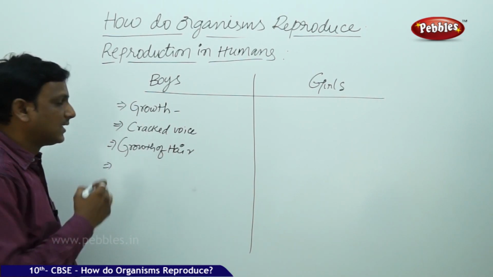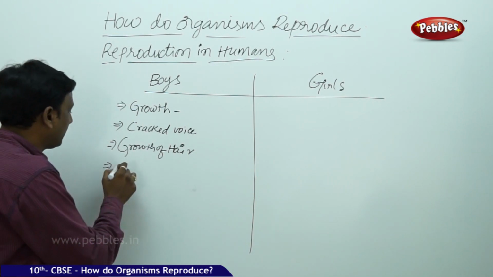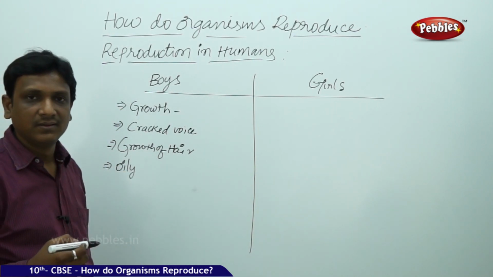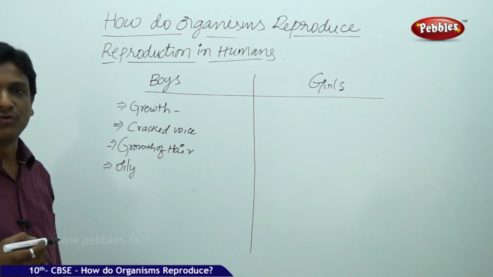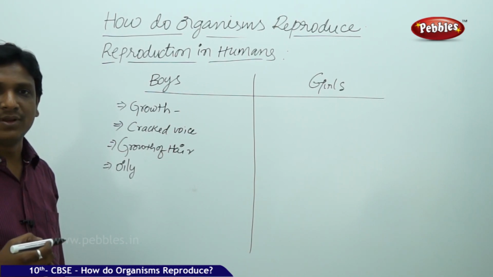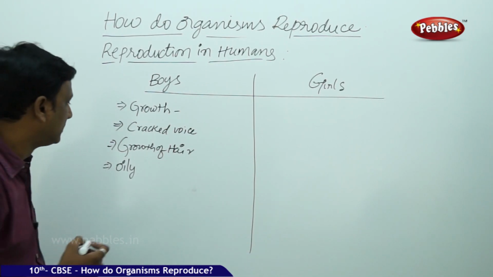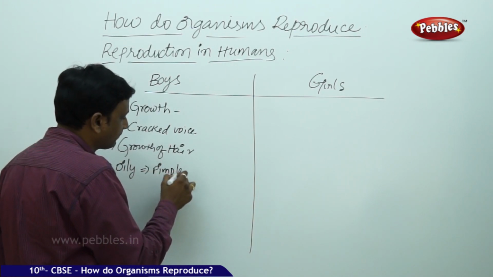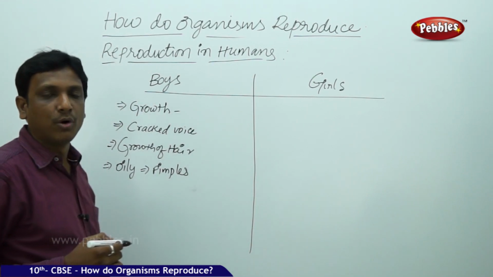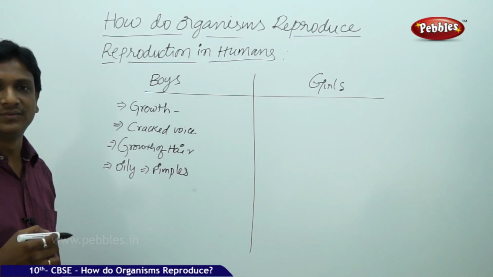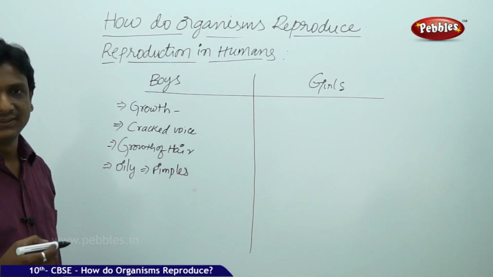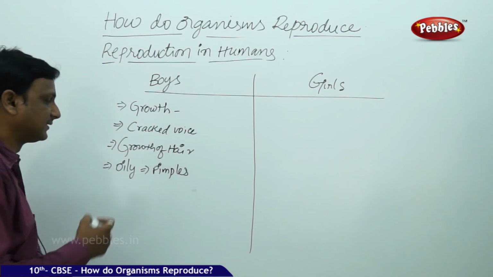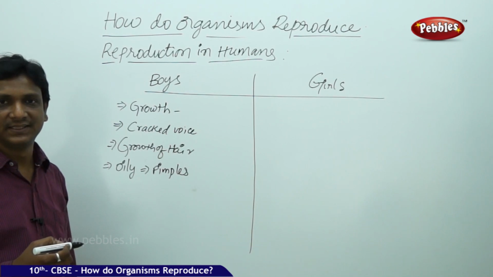This is also observed: the skin becomes oily. More sebum is secreted in the skin. Because of overproduction of oil, the skin may attract more and more bacteria and sometimes may lead to pimples. And a lot of body odor, bad smell, is also generated because of the working of bacteria on this oil and other substances found on the skin.